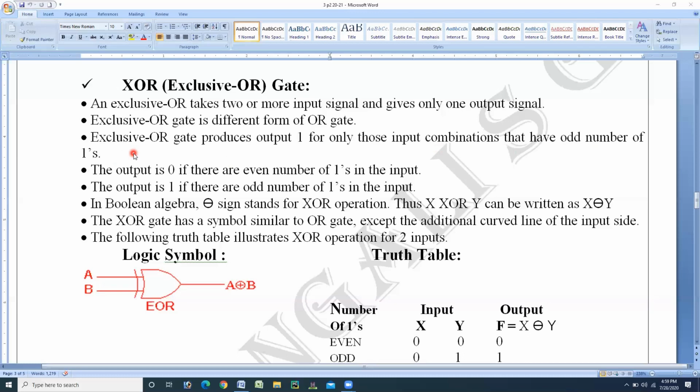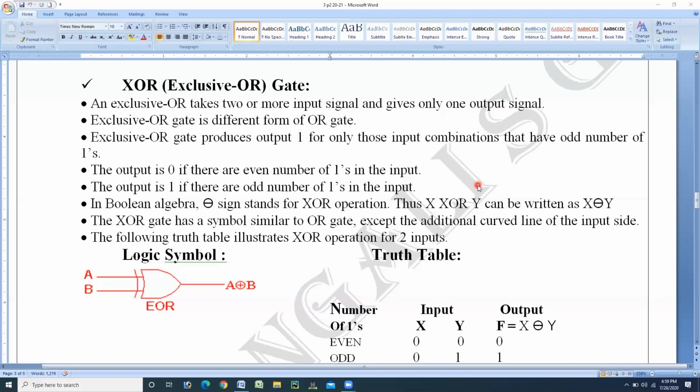How many ones are there in the inputs? If, after counting the input ones, the total is an odd number, then only you'll get the output as 1. The output is 0 if there are an even number of ones in the input.